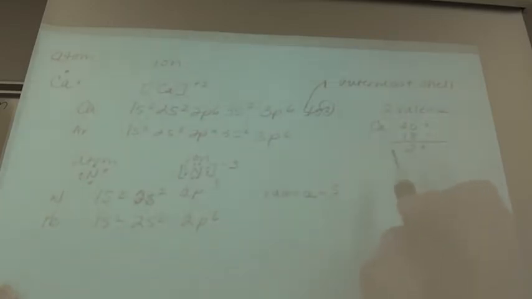How did it do that? It started out with 7 protons and 7 electrons in the atom. It gained 3 electrons, so its charge is -3, and it can be written either way.